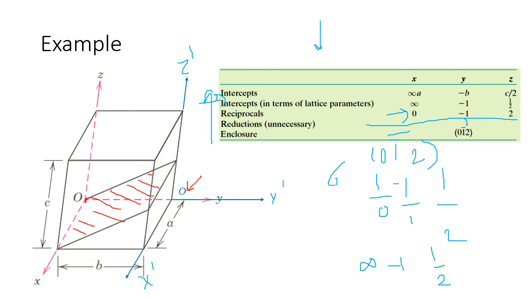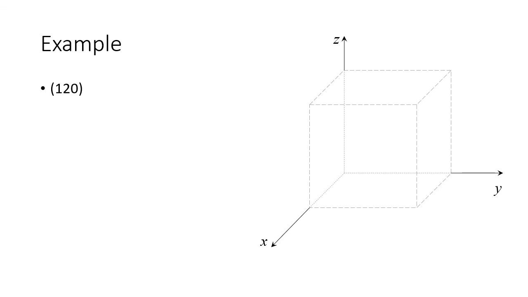So let us solve a problem on plane. So those are the given indices, and we want to construct a plane based upon these given indices. So we'll follow the reverse procedure. So 1, 2, 0, then we take the reciprocals. 1 by 1, 1 by 2, and 1 by 0.